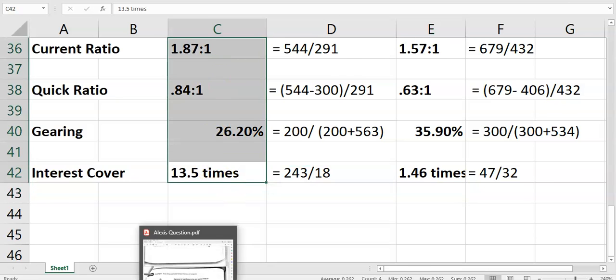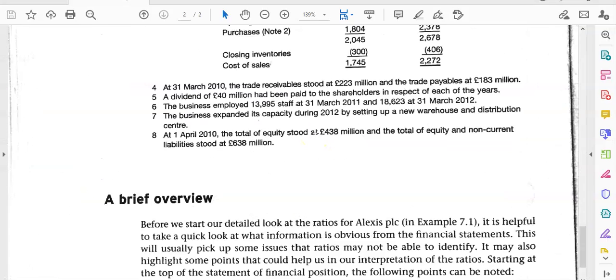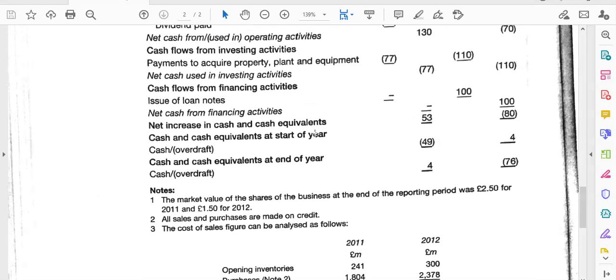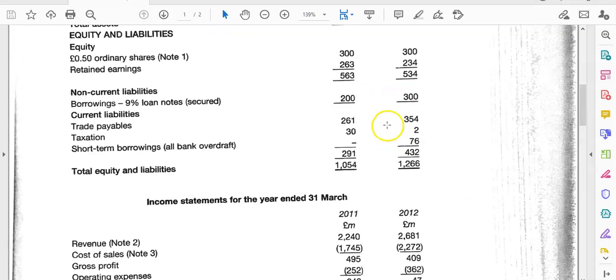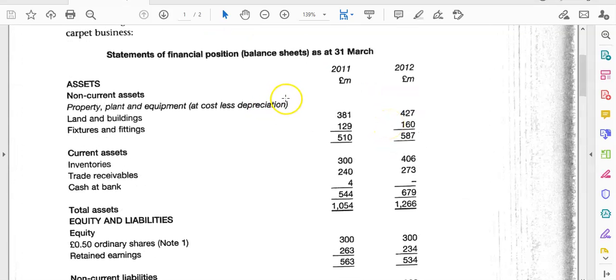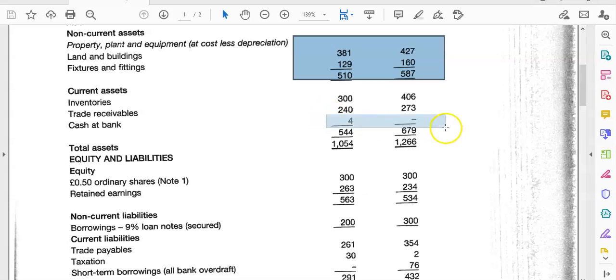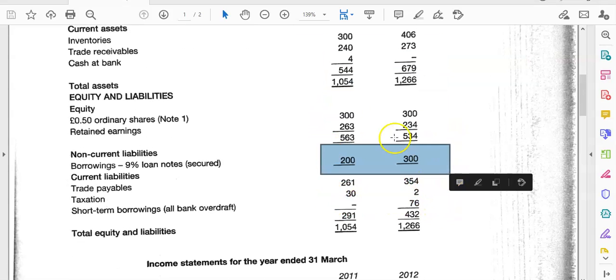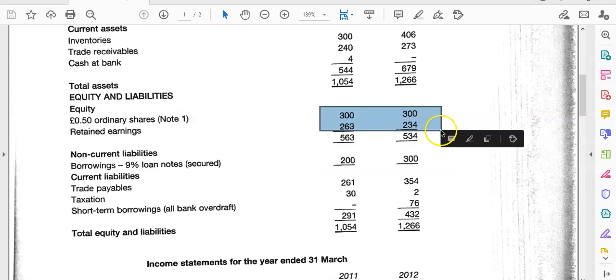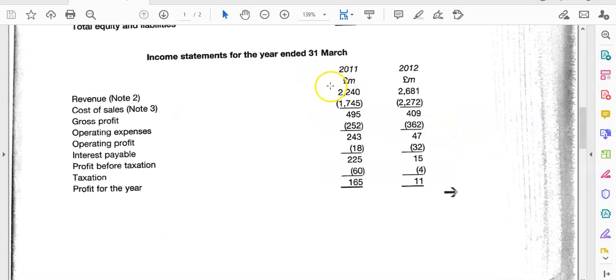That story will be helped by the narrative information in the question and also by looking at the financial statements and the key trends: the movement in assets, the movement in cash flow and overdraft, the movement in debt, the movement in equity, and getting an idea where profitability, both revenue and costs, are going. Which one is growing quicker than the other?